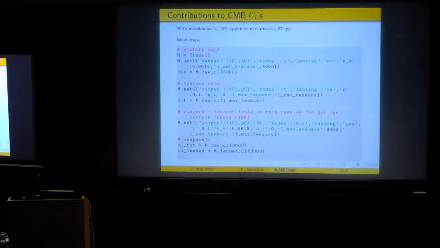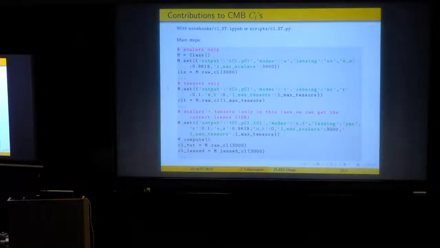Then to get the curves with a tensor, there, in the little dots, are plotting commands that I don't show for concision. And then I want to get the tensor contribution. It's about the same, except that for the modes, I put T for tensors. And for the amplitude of my tensors, I pass R, which is the tensor-to-scalar ratio.